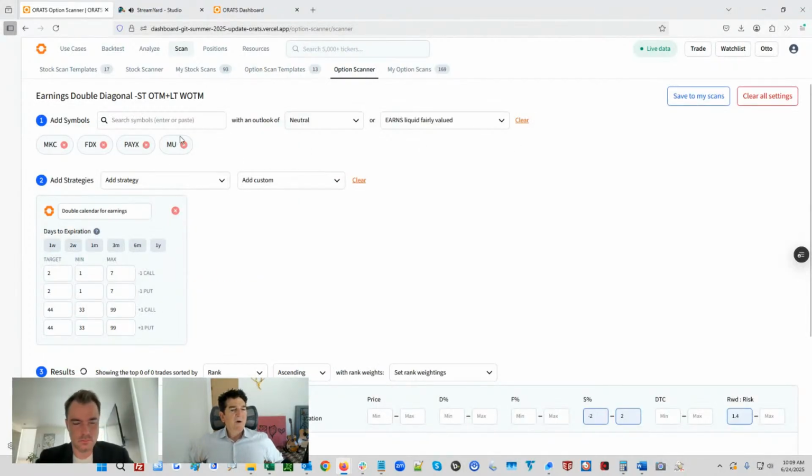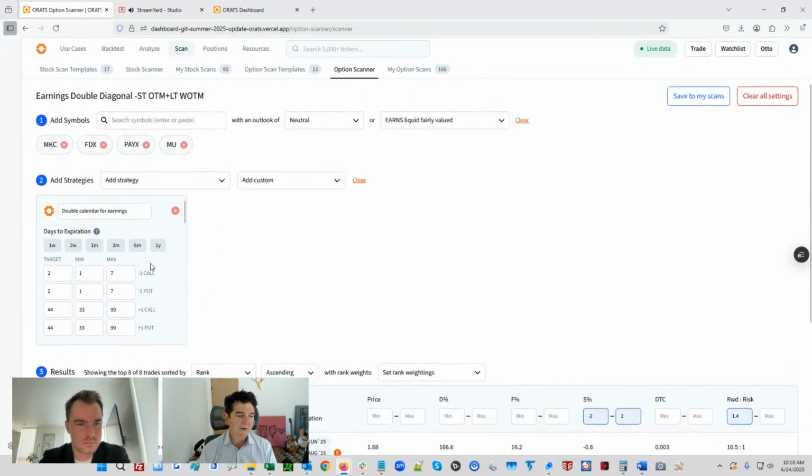This is an example of the option scanner using the stock scanner to find stocks that have earnings coming up and are liquid and fairly valued. I just want a normal earnings stock, and there aren't that many right now because it's not earnings season, but there are still some stragglers out there.